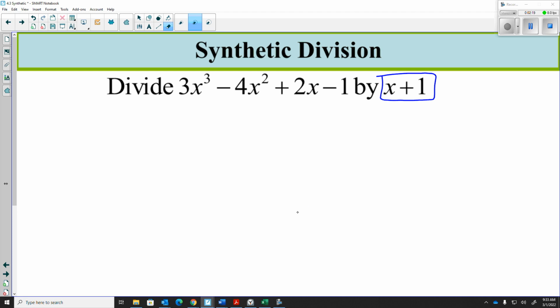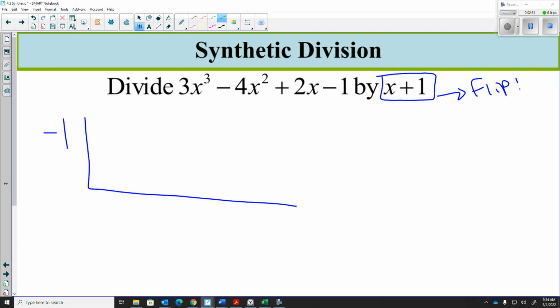Or in other words, all I need to do is flip that number. Mathematically I'm taking the zero associated with it, but technically I'm just flipping the number, so I'm going to start by writing -1. Then I'm going to put in this weird upside-down division sign, and that is going to help me stay organized with all my pieces.